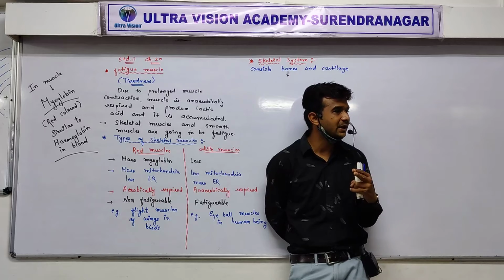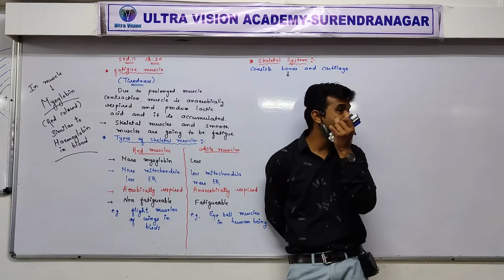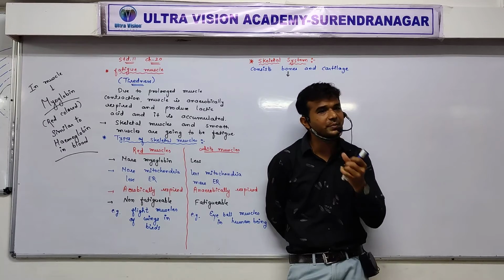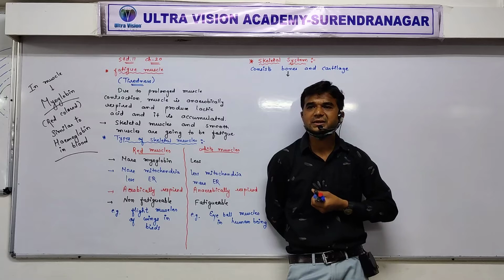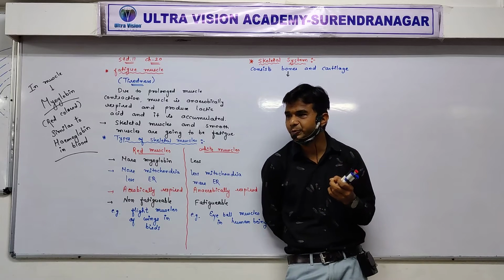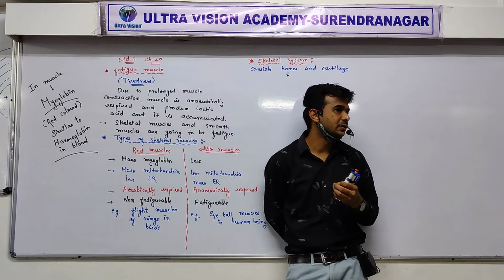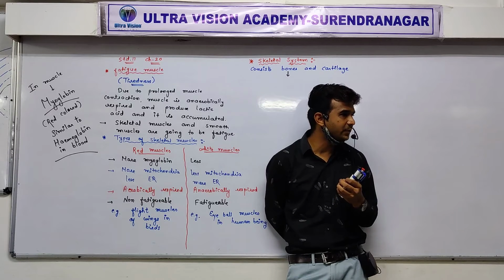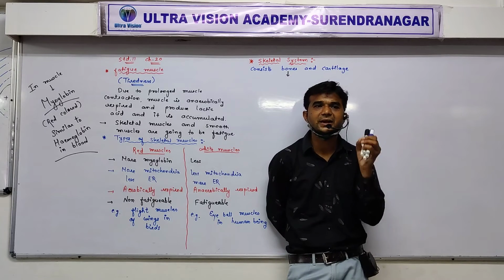Yes, we have two types of bone marrow, red bone marrow and yellow bone marrow. Yellow bone marrow consists of fatty tissue. It stores the fat. Whereas red bone marrow is red in color.